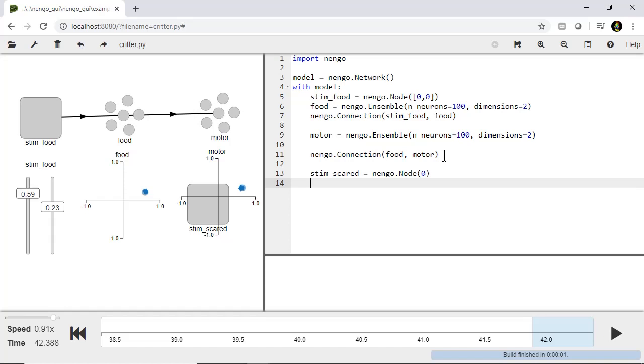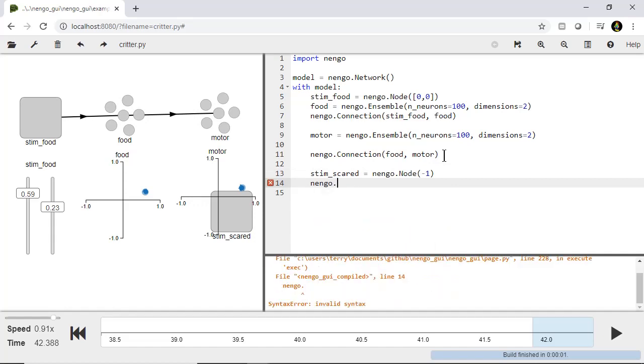And then we'll have that mean something like, because by default things are representing values between -1 and 1, if scared is -1, then you're not scared, so you should just go ahead and do whatever you were planning to do before. But if scared is +1, then that's when we want it to run back home.